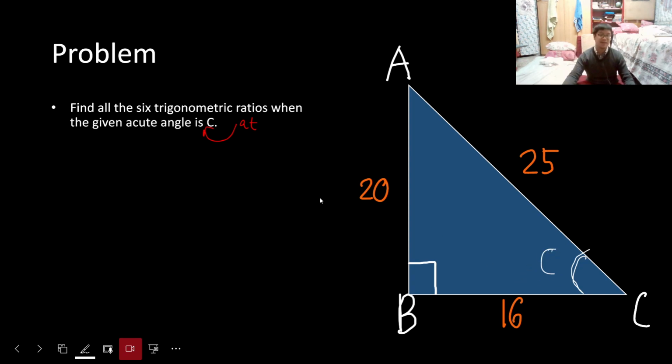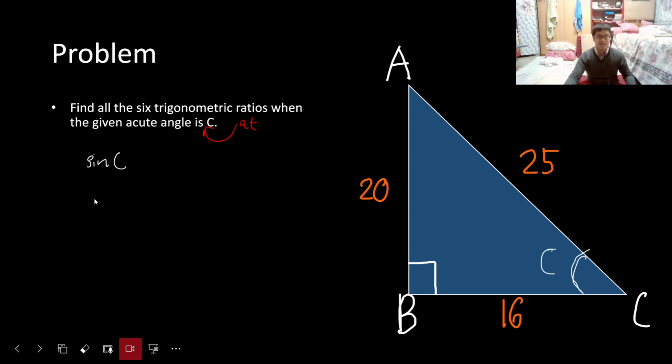That means instead of sine theta, we can have sine of C, and instead of cosine theta, we can have cosine of C, and so on. So now, let's find all the trigonometric ratios.